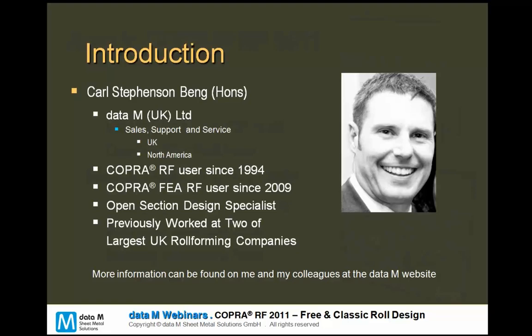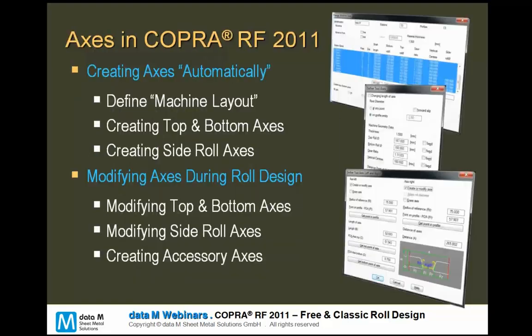Let us move on to today's topic. First of all, we will be creating some axes in Copra RF 2011. We will be creating axes automatically, where we will define our initial machine layout and create some top and bottom axes and our side roll axes.